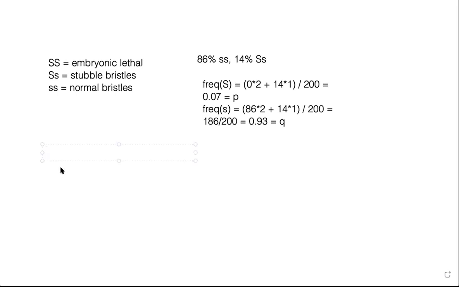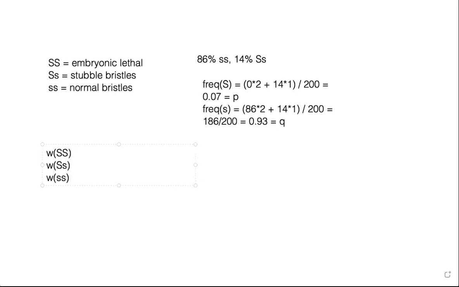We represent fitnesses by lowercase letter w's. So we have to calculate something called W big S, big S, W big S little s, and W little s little s. And these would normally be written with subscripts, but I can't really do that on this whiteboard. Okay, how do we calculate what those are?